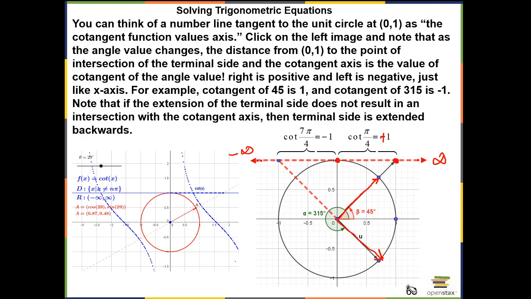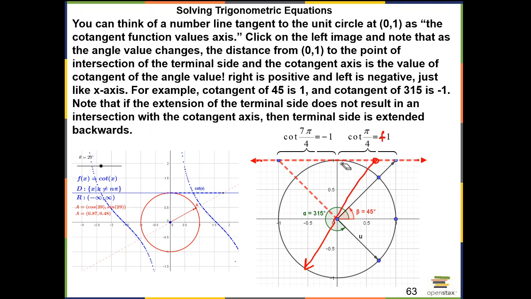Again, if I extend it this way, I don't hit the axis. So I go that way, hit this. This distance from here to here is cotangent. So this way you can actually figure out the tangent and cotangent of any value. Let me keep it there. So what is the cotangent of this? Well, this way I don't get anywhere, so I go backwards.